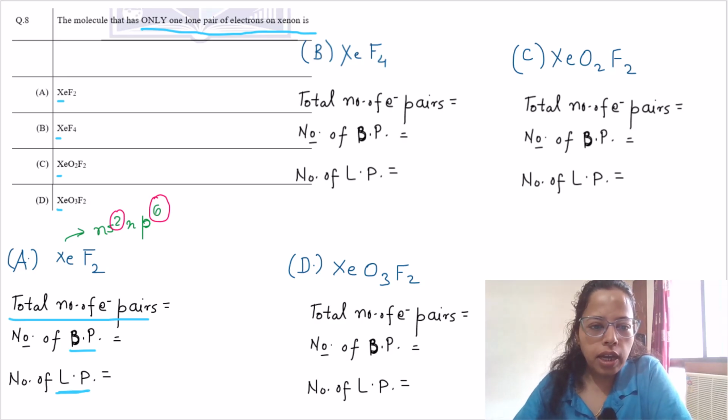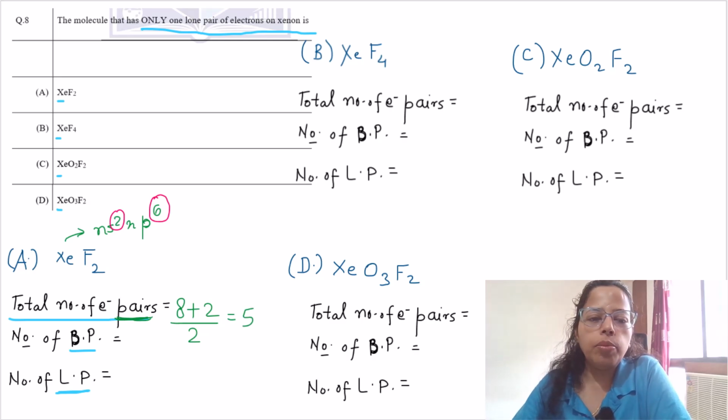Then, how many neighboring atoms are sharing electrons? We have 2 fluorine atoms, so 1 electron each will be shared. So we add 8 plus 2 and divide by 2 to get the number of electron pairs. So we have 5 electron pairs.